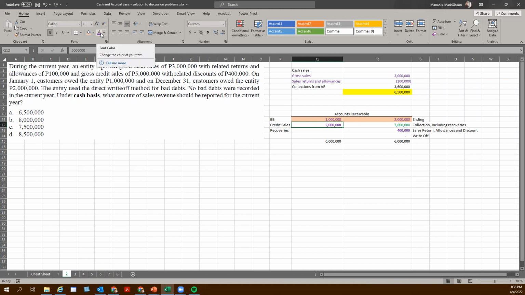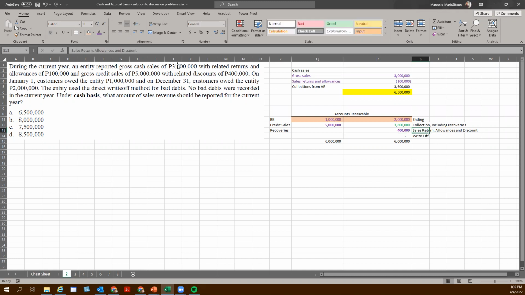Take note, class, if the given is gross sales, then we also need to take up the related sales returns and allowances. So sales discount, returns, and allowances. In this case, we have to put on the other side the 400,000 representing sales discount. I built this template, but in fact, this is just sales discount for this problem. But I'll keep it so that at least we're looking into one template only.